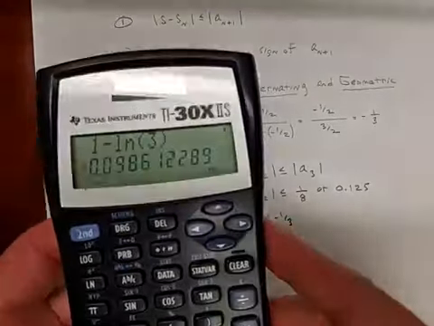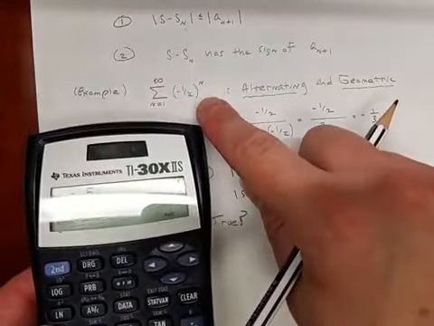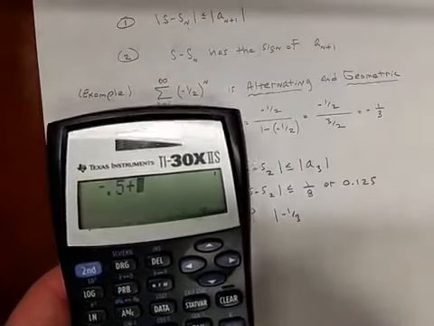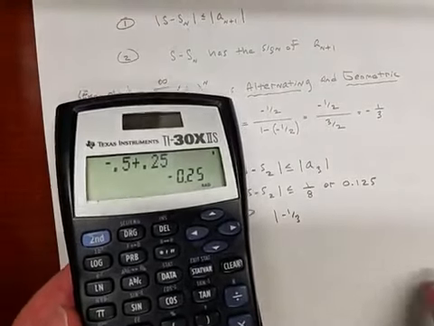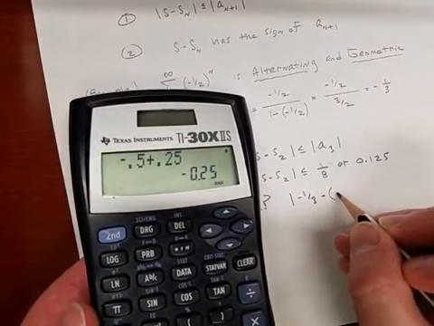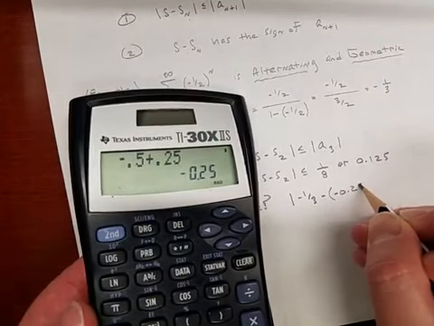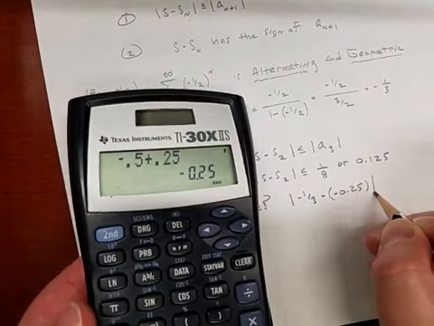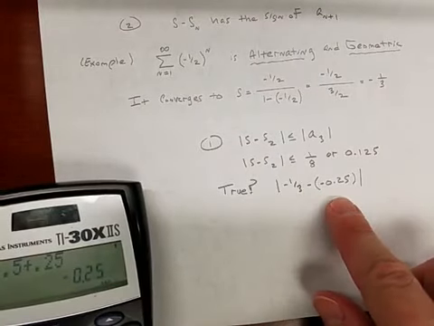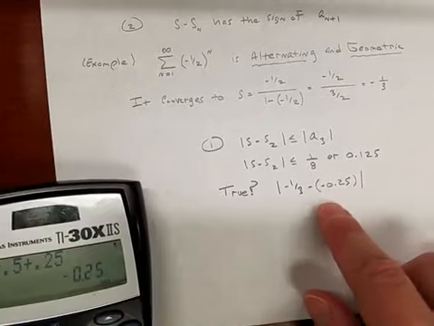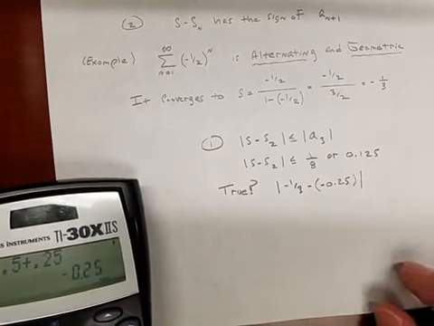First term, negative 1/2. Second term, positive 1/4. So negative 0.25. There is the sum minus the second partial sum. The prediction is that it will be less than 0.125.